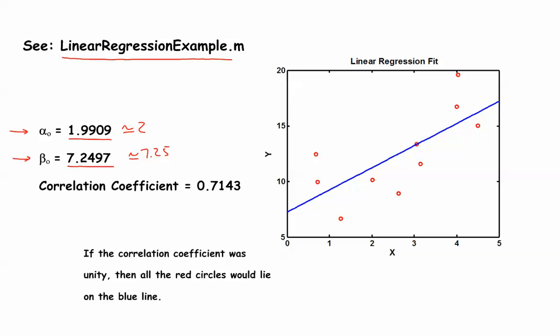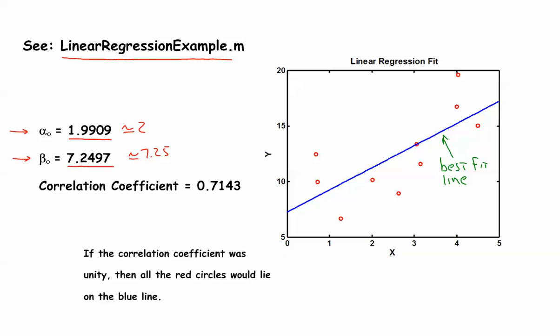And what I then did was I calculated the best fit line over an extended range of values, and this blue line here is my best fit line. I plotted it over an extended range of values.